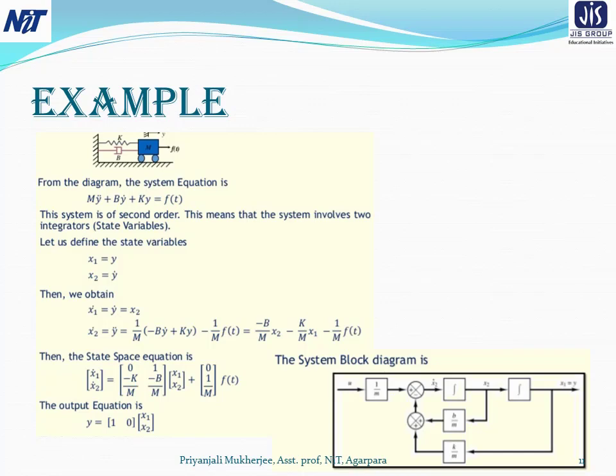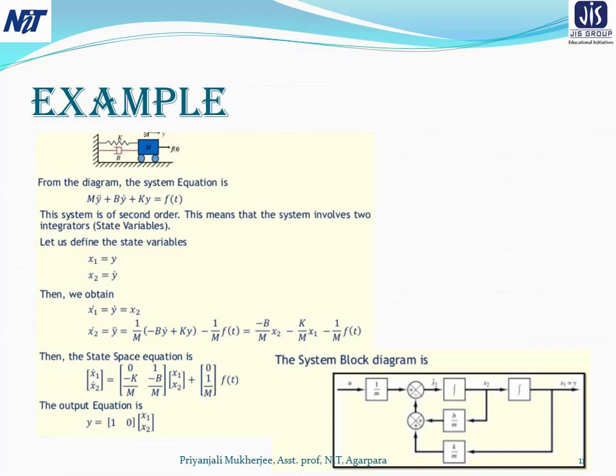So here it is x2 dot, and after the first integration it will be x2, and similarly x2 is equal to x1 dot, so after the next integration the output will be x1, and we know that x1 is equal to y, which is the output of the system.